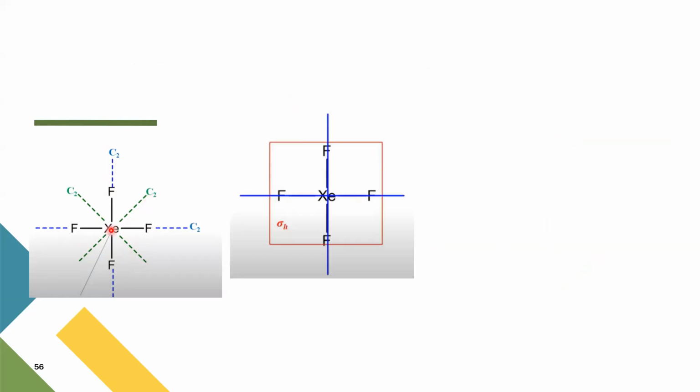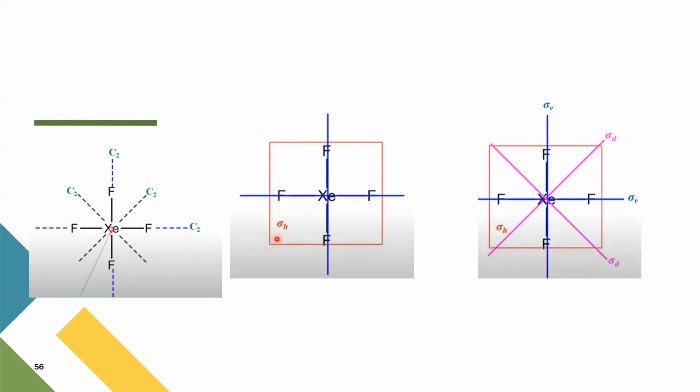5. Now, we have this C4 rotation axis, that is the principal axis. So all these lie along the principal axis, right? Except this, which is the plane of the molecule and perpendicular to the C4 axis. So it's a sigma H, right? Now these mirror planes are called vertical mirrors.